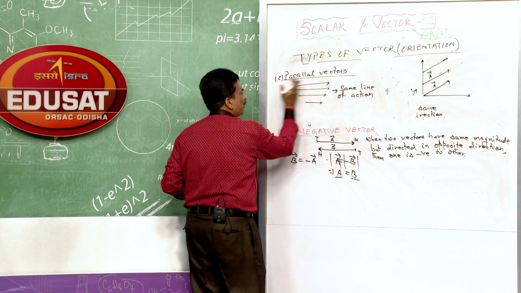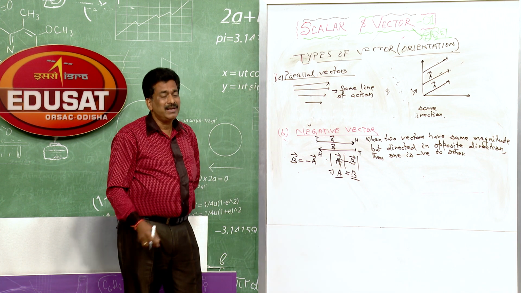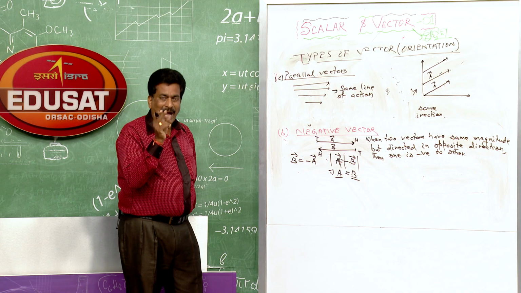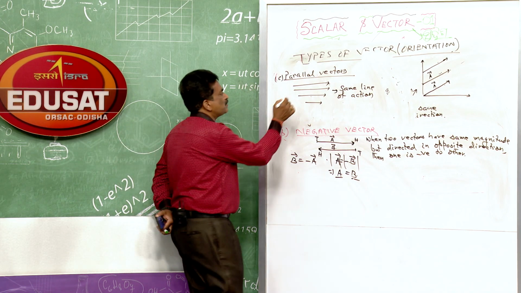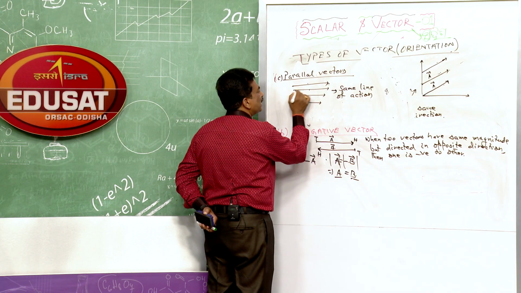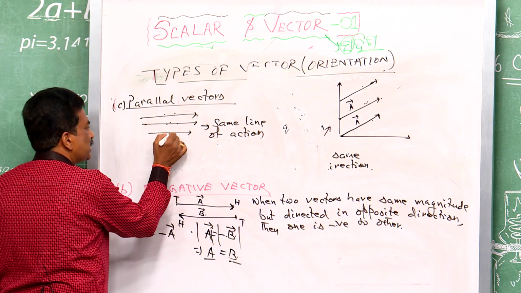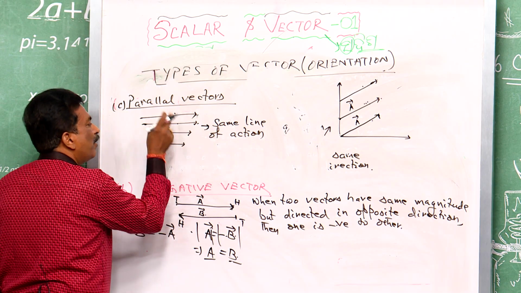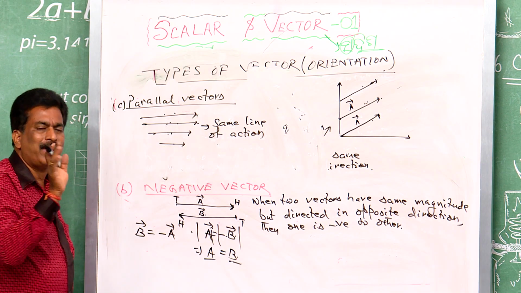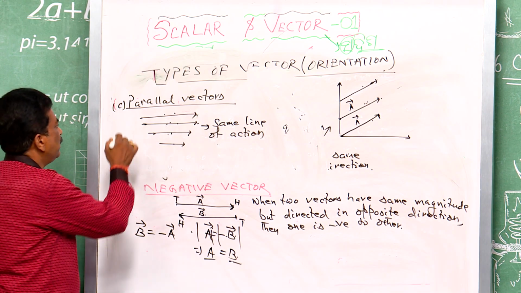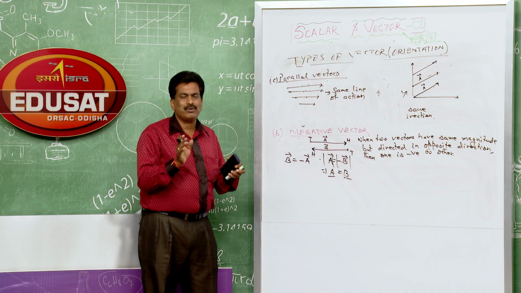All the vectors are from left to right. They have the same line of action, but their magnitudes may be the same or different, that depends. From this to this, we say they are equal, but they are parallel. For this to this, they are not equal, but they are parallel. So this is the parallel vector, this is the negative vector, and this is the equal vector.